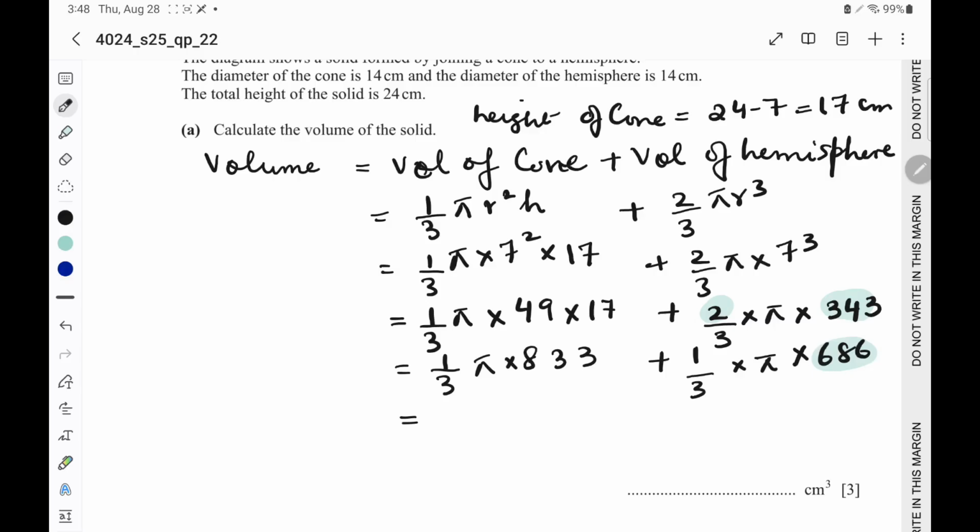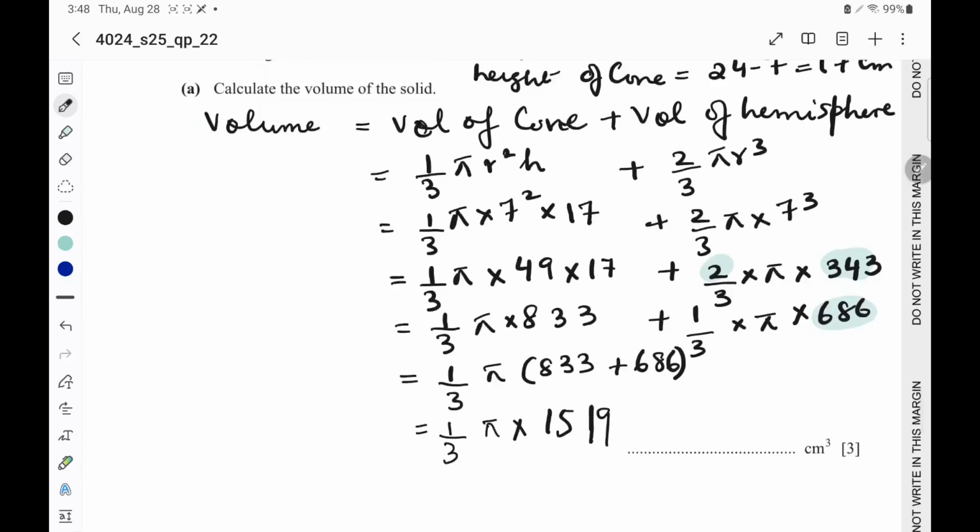So you can just add it together by taking out 1 over 3 pi, which is common, and it's easier for you. 686, all right, and 833 and 686 will become 1519.